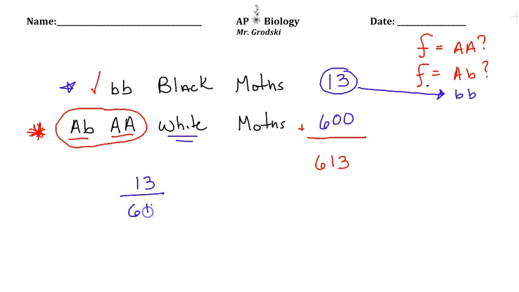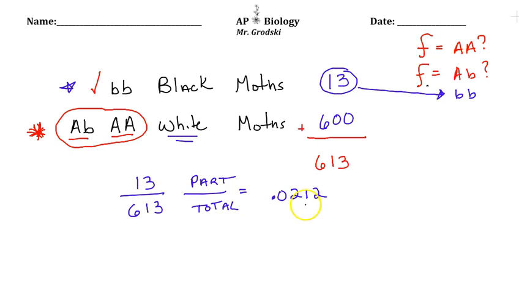What does this give me? As I said before, this is the part over the total. Total number of what? Individuals. So when I divide 13 by 613 in my calculator, I get 0.0212.